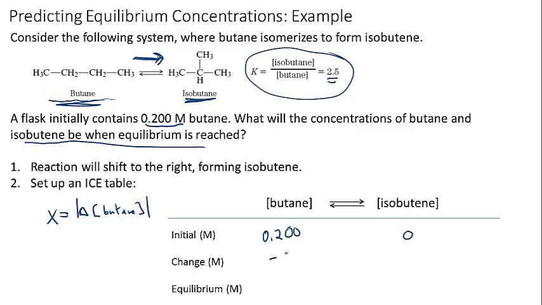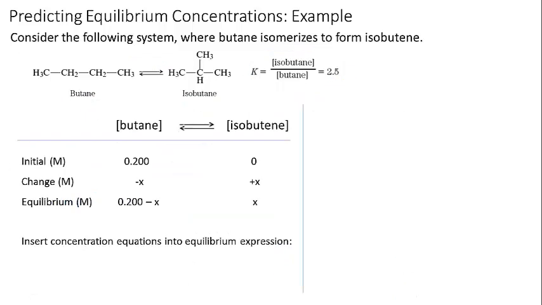So butane decreases by X, and isobutane increases by X. And therefore, at equilibrium, butane will be 0.200 minus X, and isobutane will be X. And so then we know, in terms of our initial concentrations and X, what our equilibrium concentrations are. I'm going to go to a new slide here and repeat that. And so we know our initial concentrations and our final concentrations are this.